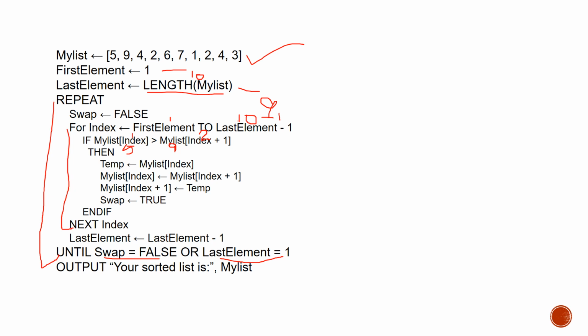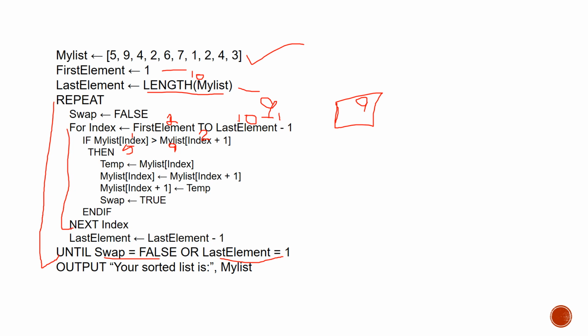In the next index it's going to be 2. Then we are comparing 9 with 4. Is 9 greater than 4? Yes, it is greater than 4. Then what we are going to do: we have created a temp variable, which is this, and we have placed 9 over here.